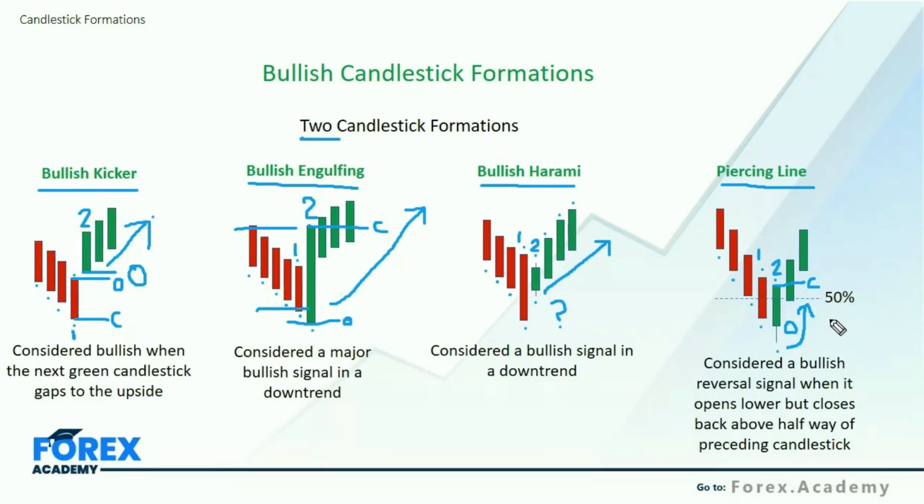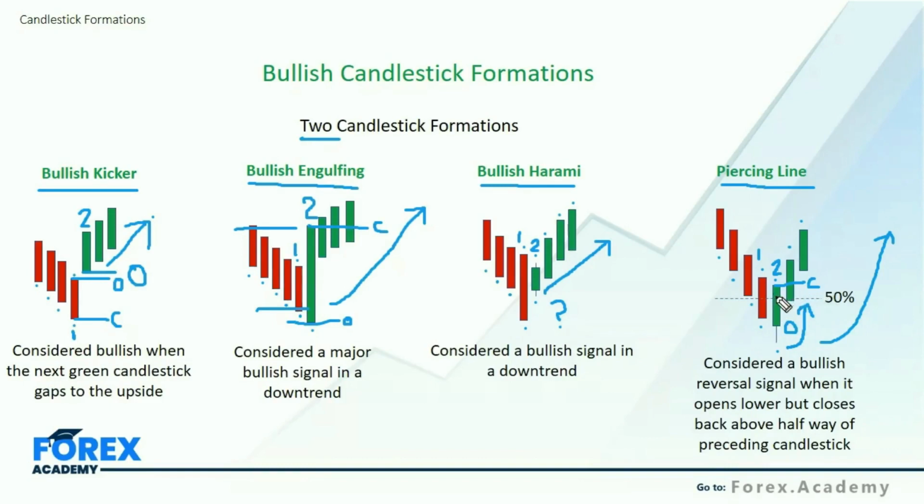So with all this in mind, what this has great potential for is some nice explosive price action to the upside and start printing new highs from these levels. So it's considered a bullish reversal signal when it opens lower but closes back above halfway of the preceding candlestick. So these are just metrics.